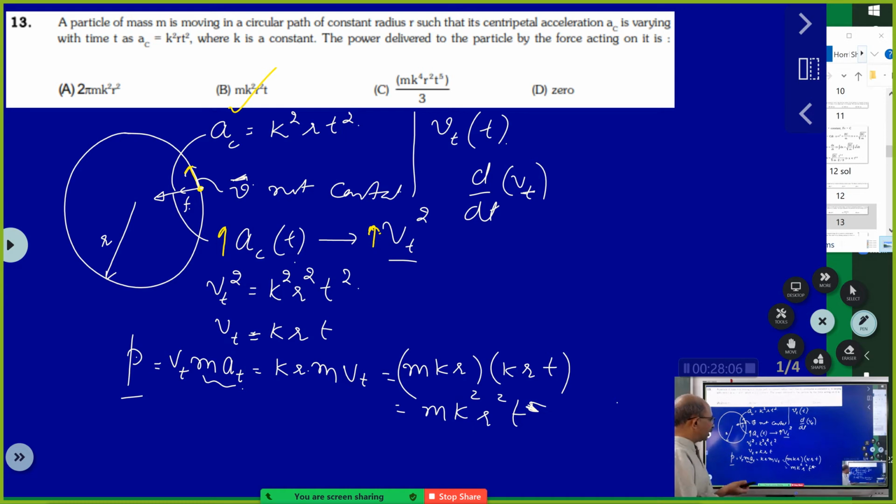That means there has to be a force acting, and if it is delivered by a machine, then it has to expend power. That's how things develop here. Done. We'll move on.